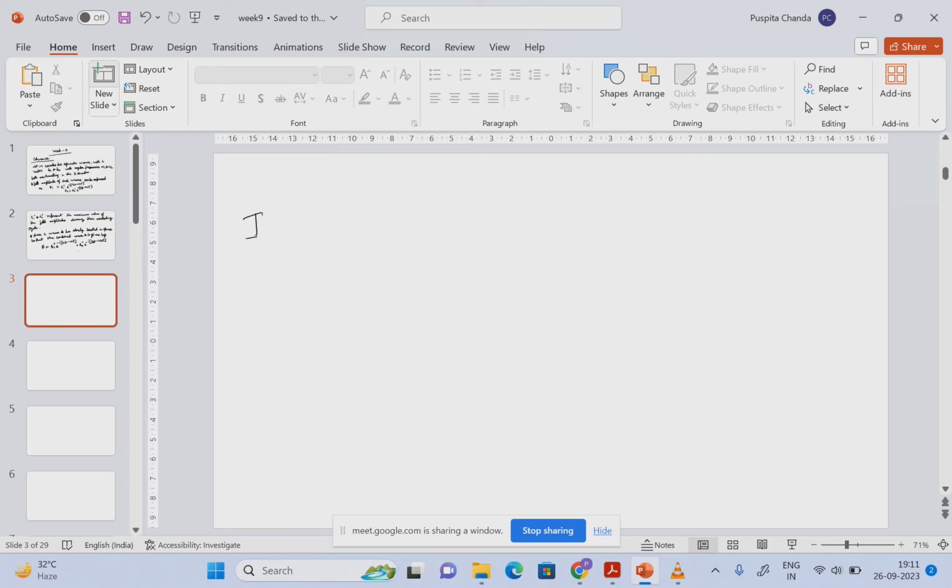So now intensity will be E whole square. So that includes E1 plus E2.